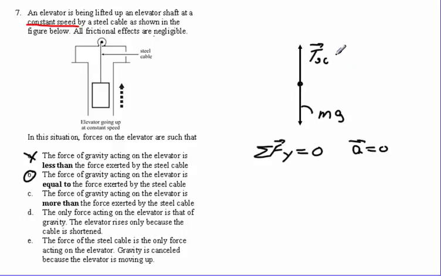Absolutely true, because we know this one and this one are going to have the same magnitude. And we could go back through these and quickly do the force of gravity acting on the elevator is more, incorrect. The only force acting on the elevator is that of gravity. No, that's not true because we have the rope pulling back up. And this is incorrect too, so it has to be B.